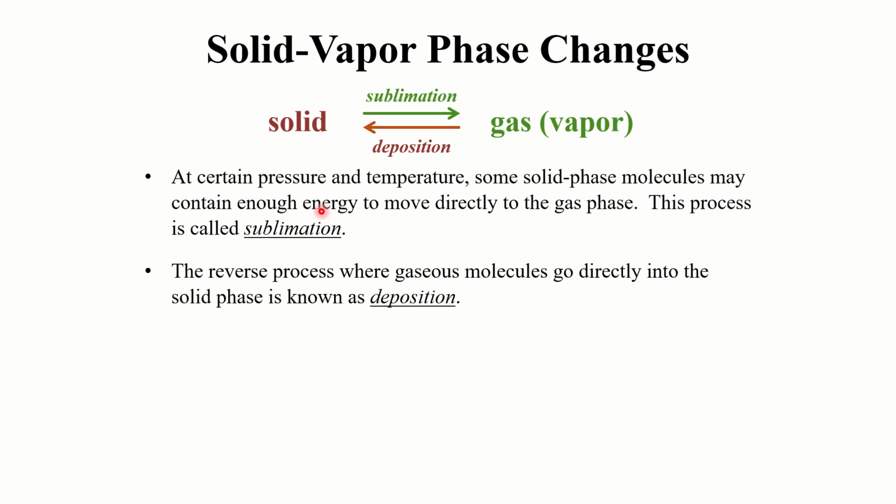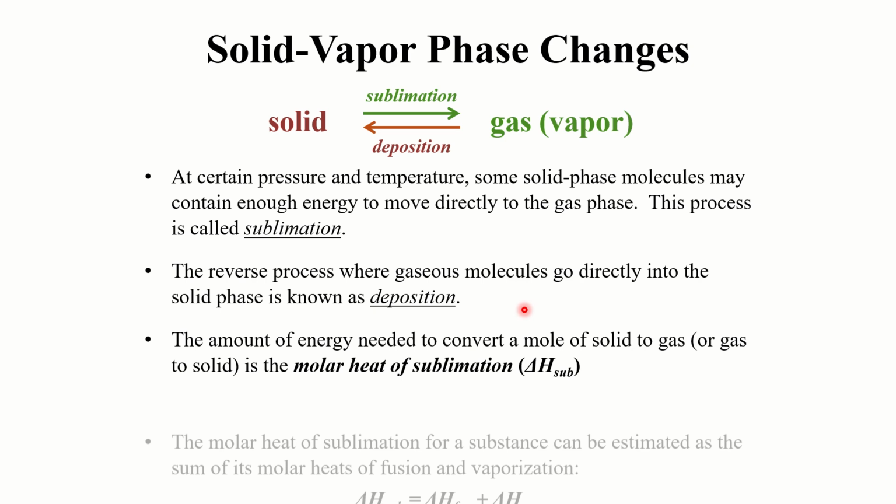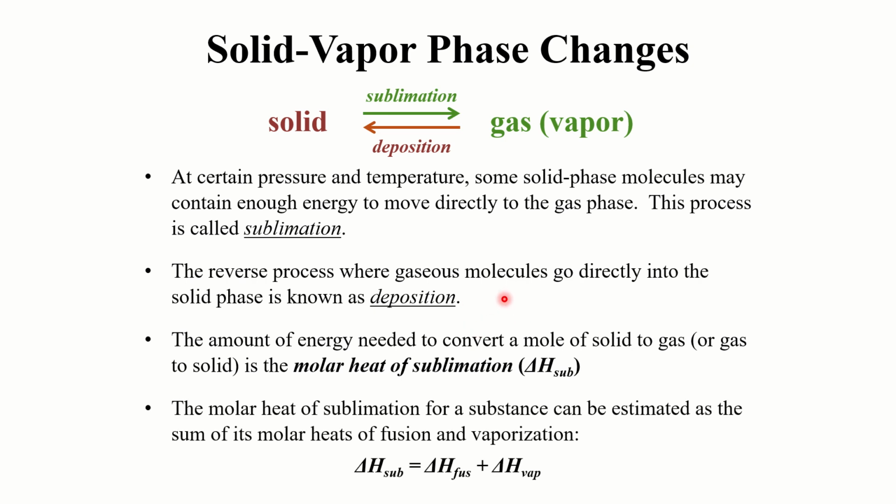Again, this is sublimation, and the reverse process, where gaseous molecules go directly to the solid phase, is known as deposition. The amount of energy needed to convert a mole of solid to gas, or the reverse, is called the molar heat of sublimation, so delta H SUB in the subscript there.